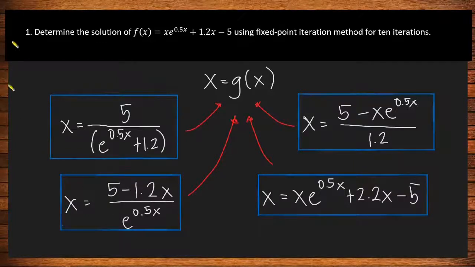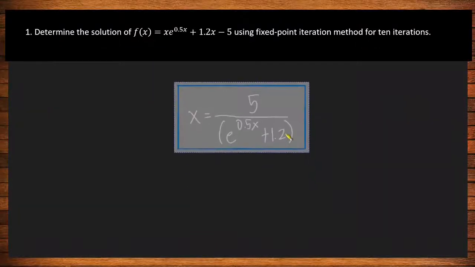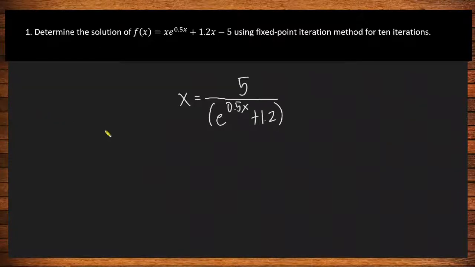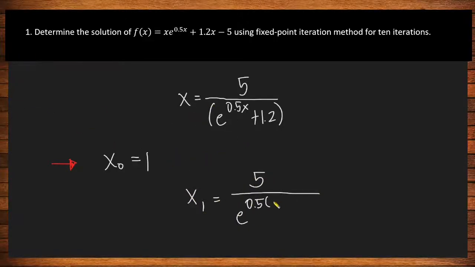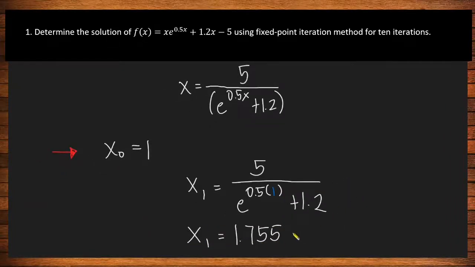So in this example, we will simply use the first form that we have obtained. And then let us start with an initial guess. So let's say our initial value for x is equal to 1. So we will simply substitute this value into g of x. And then, yung value na makukuha natin dito will be the value for our next estimate.